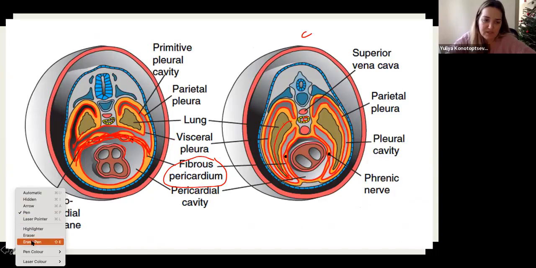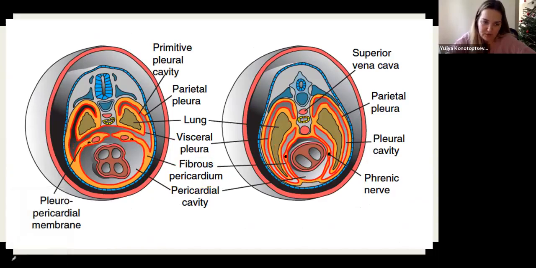Two things are present inside of the pleuropericardial folds and membrane. We have the common cardinal veins and we have the phrenic nerves. As you know, anatomically, in the adult, phrenic nerves are located laterally to the heart, right? So they're located on the lateral surface of the heart.